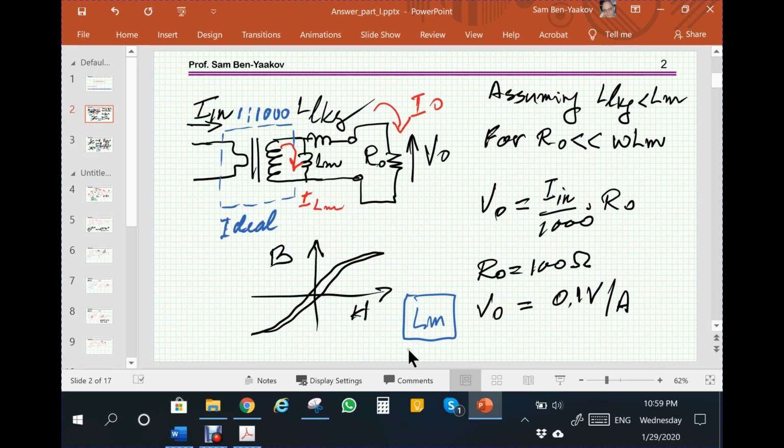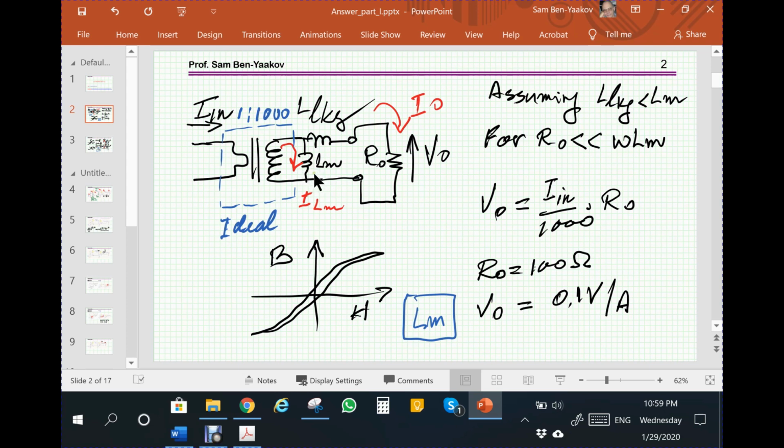Another missing parameter is the impedance here, or the inductance. If you know the inductance, then you can tell what should be the value of resistance or resistor that will be good enough in terms of the current going through it rather than through this Lm. And also you can figure out what happens at other frequencies.